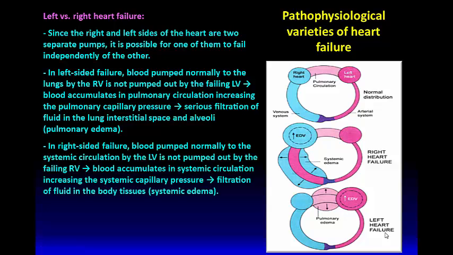On the other hand, in right-sided failure, when the right ventricle fails, blood which is normally pumped by the left ventricle, this is our left ventricle, into the systemic circulation and eventually reaching the right ventricle through the superior and inferior vena cava and right atrium, is not pumped out by the right ventricle into the pulmonary circulation.